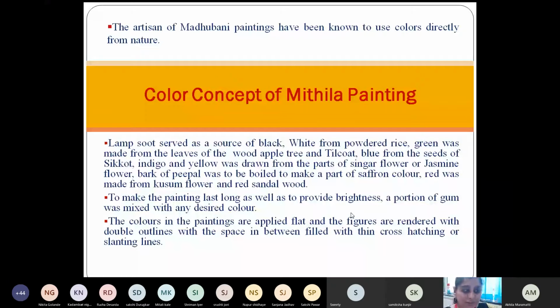And to make the painting last long, we apply a turpentine coat or finishing coat. But in the past, they didn't have access to so many things. So they used guar gum in a little portion, mixed it with water to a certain level, boiled it, and then made a finishing coat texture out of it.